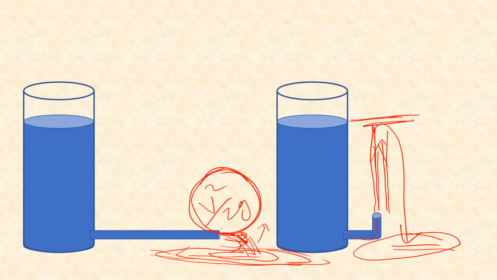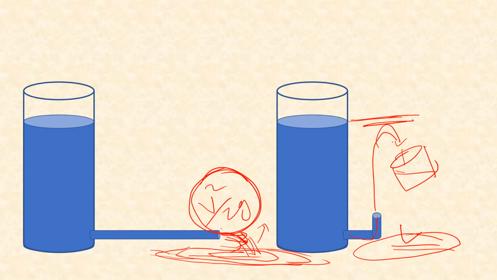We can store this head if we put a bucket somewhere here. So in this bucket, water will be stored. That means you have restored this much amount of head. But this much you have already lost because you have kept the bucket at a lower elevation.